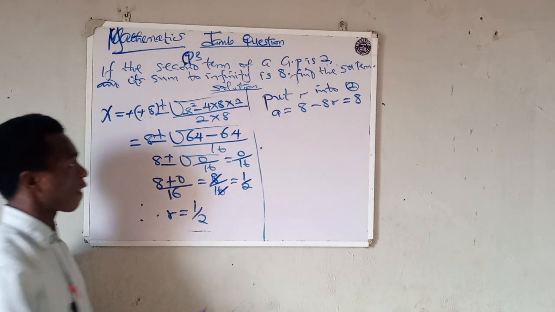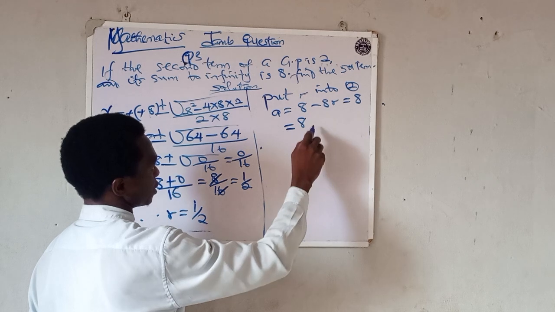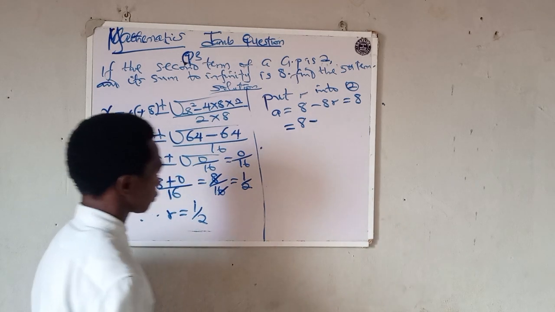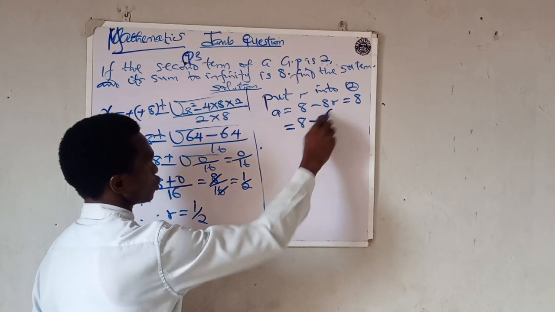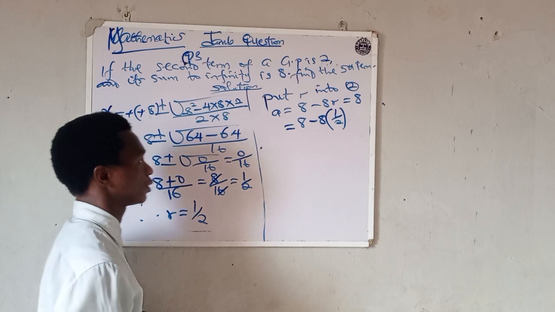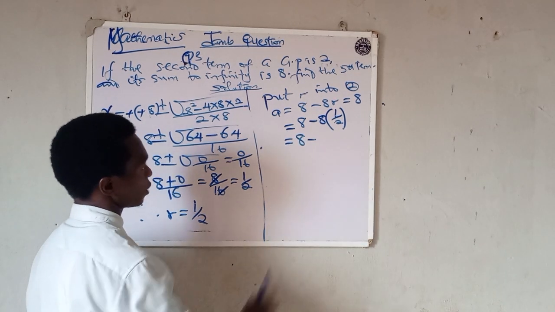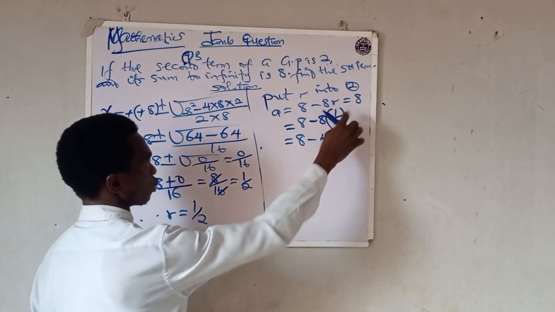Next, our 8 remains 8, minus 8 into 1 over 2, which is our R. So this is equal to 8 minus 8 times half, which will give us 4.